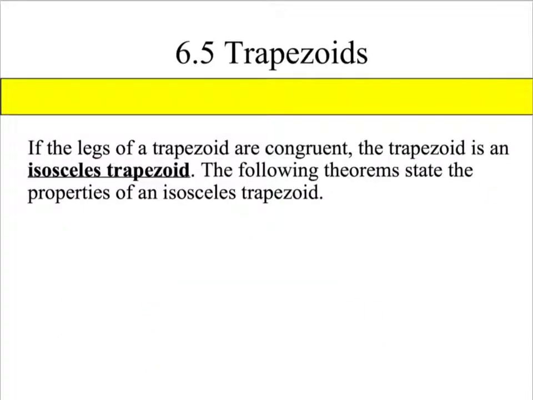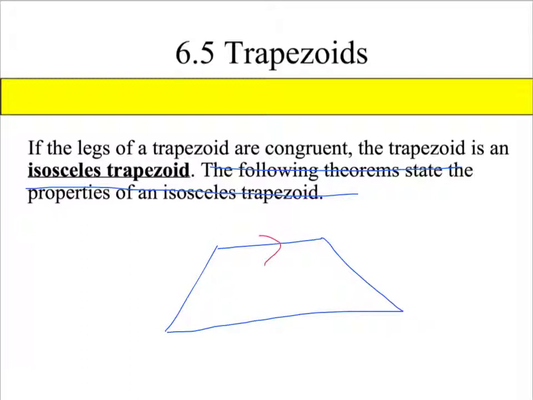Next, it says if the legs of a trapezoid are congruent, the trapezoid is an isosceles trapezoid. The following theorems state the properties of an isosceles trapezoid. You don't have to write that second sentence down. If you look at an isosceles trapezoid, you will notice that it looks similar to this shape, where we know that a trapezoid has to have one pair of parallel sides, and then your legs are going to be congruent.